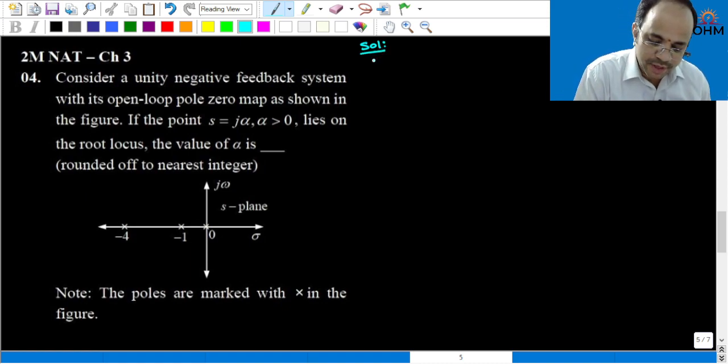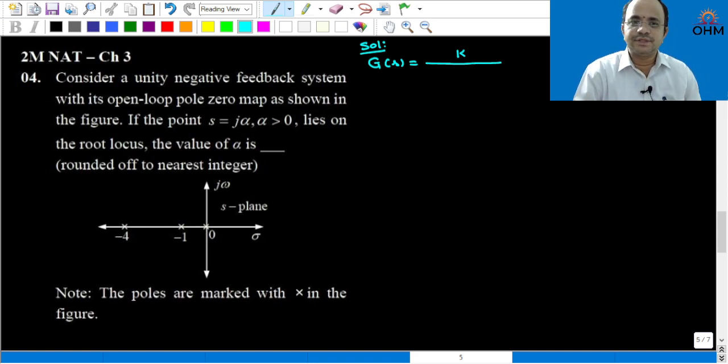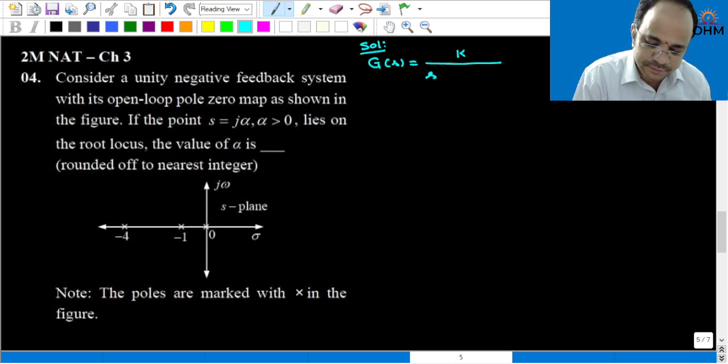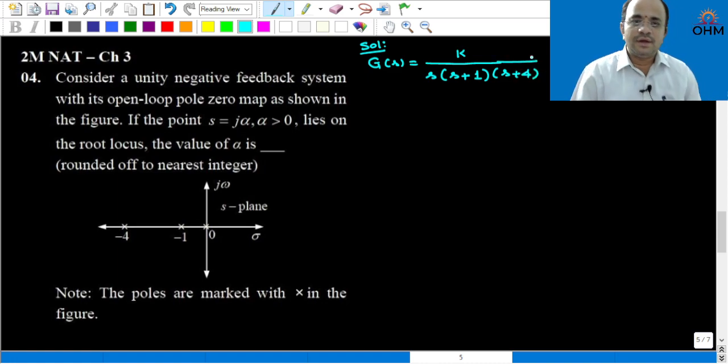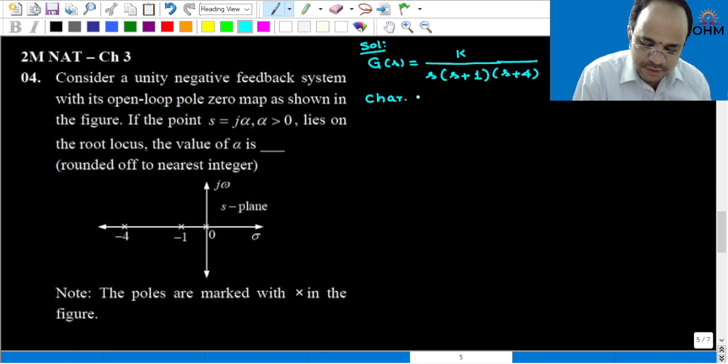Now, from the given open loop plot, we can define the open loop transfer function, because negative feedback system means open loop transfer function and forward transfer function both are same. Therefore, it can be k by s into s plus 1 into s plus 4. This is the open loop transfer function. Next, what is the characteristic equation?